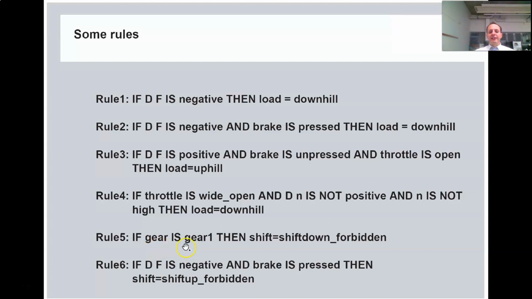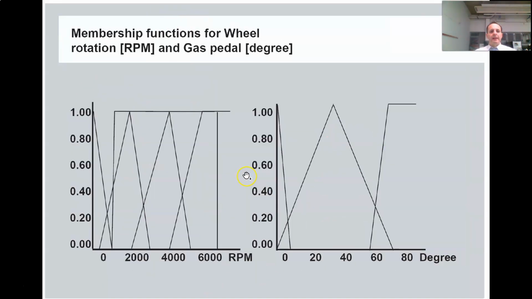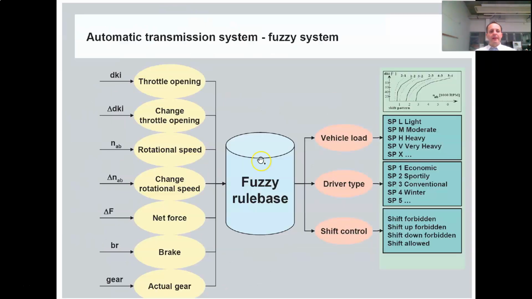And for example, another rule depends on the condition. If the gear is in the first position, then the shift down is forbidden because there are no other lower gear values, and so on. So this is an example of some rules depending on the values of the force.